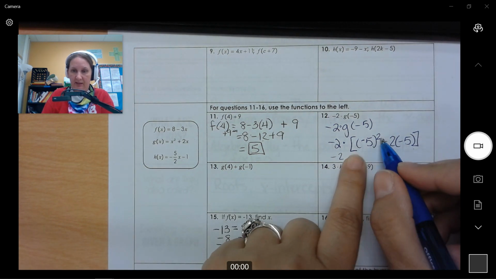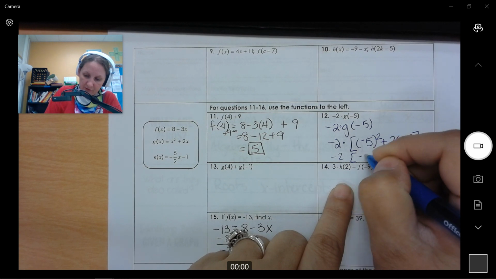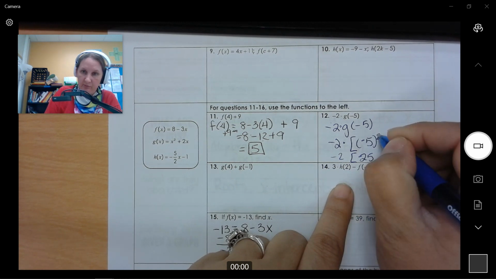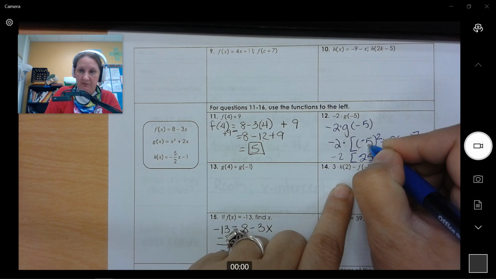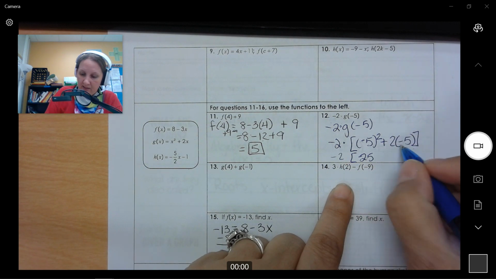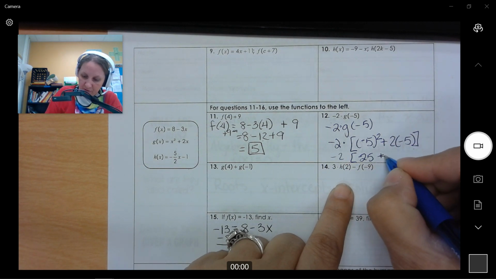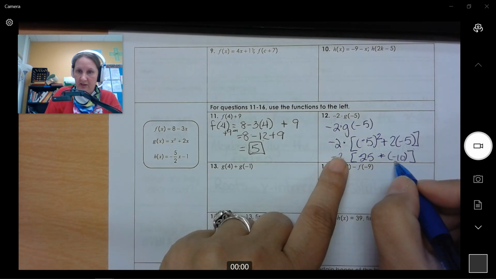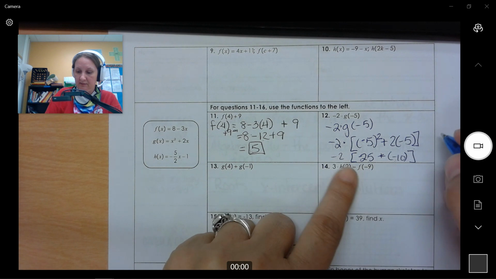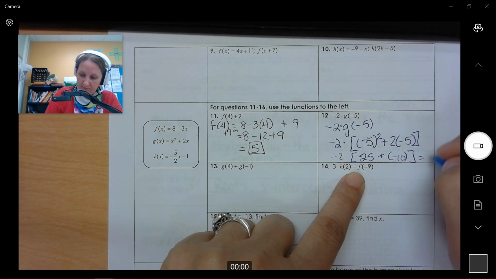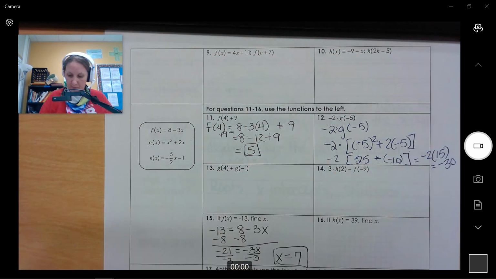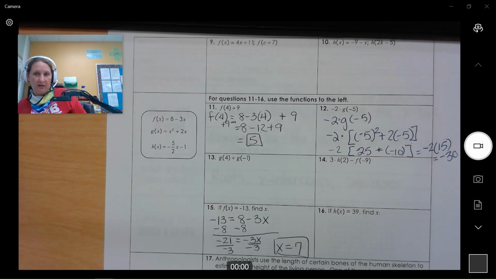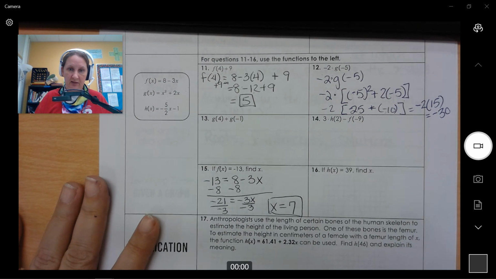Inside the parentheses, I have an exponent, which is going to be positive 25, because the square is going to do negative 5 times negative 5, making it positive. Then I have a times, which is going to be negative 10. Now I still have to add these two together. So 25 minus 10 is 15. So we have negative 2 times 15, which gives us negative 30. Okay, these are a bit complicated, but they're not undoable. You just have to take them one step at a time.